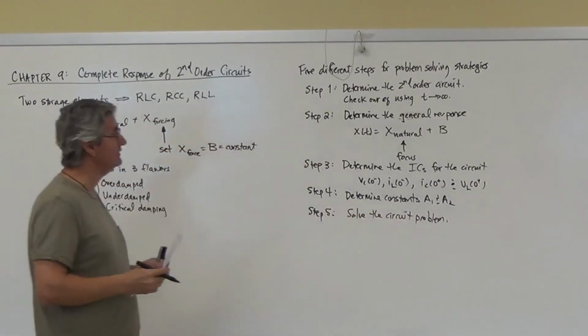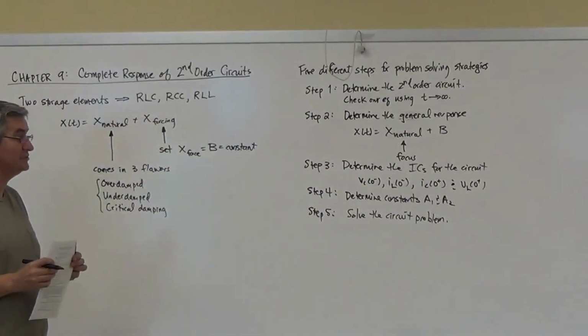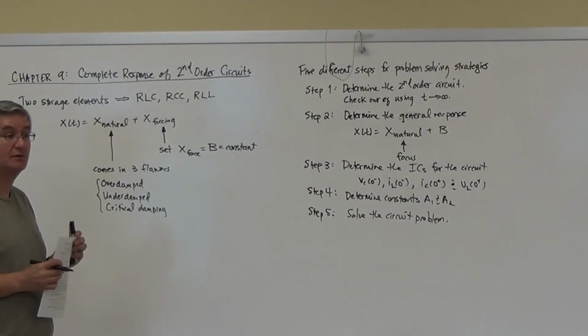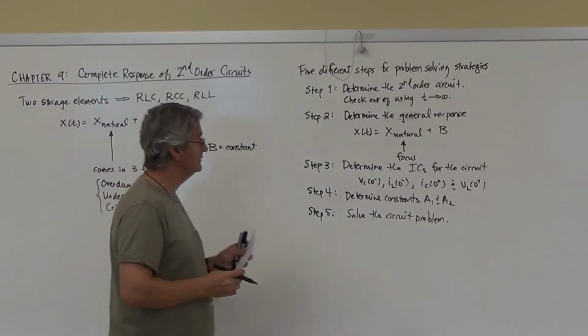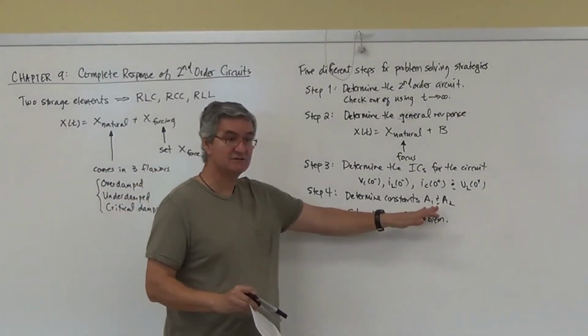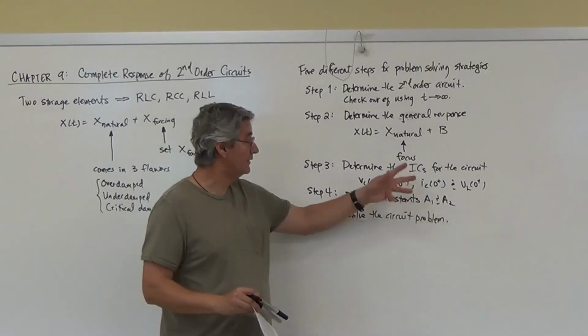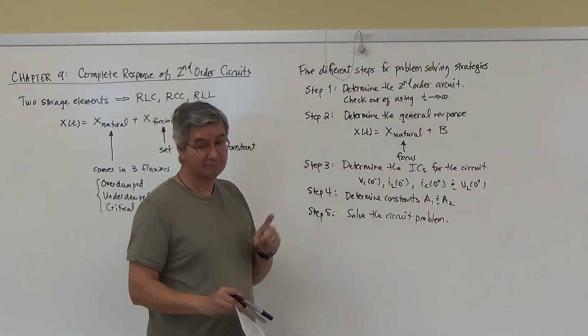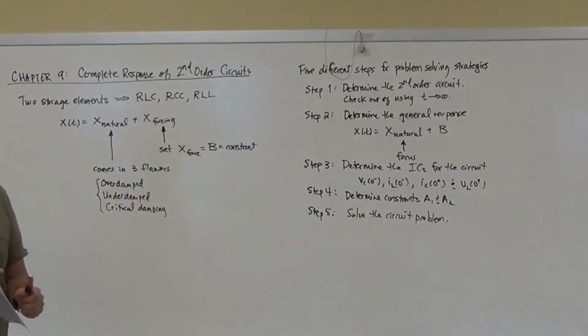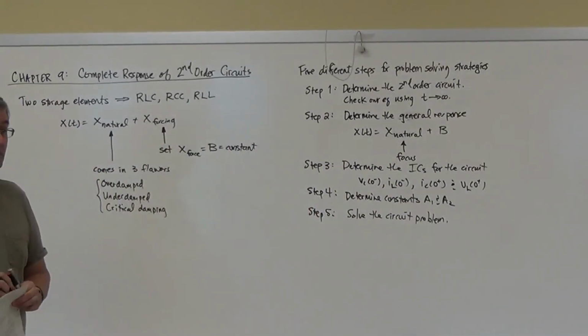When you look at these problem-solving strategies, note that they look very similar to the end of chapter 8. It seems kind of nice that we have two constants instead of one to go after, but everything's increased by a factor of 2.